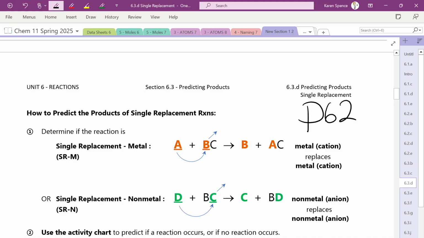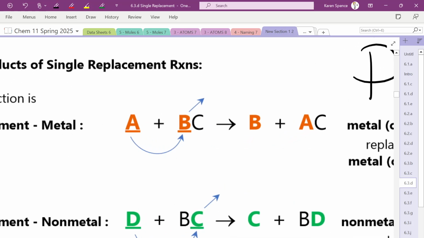So these are all single replacements. So they're all going to be an element on its own. And that element is either going to be a metal, and if the element is a metal, then it will replace the first element in the compound because the first element is always a metal.